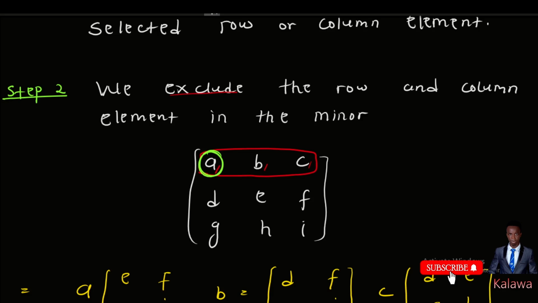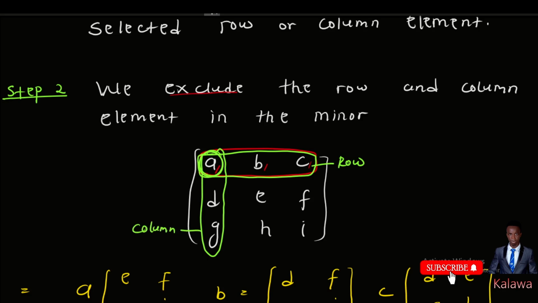So let's say now I have chosen A and I want to find its minor. Let's ask ourselves, in which column is A connected, and in which row? A is connected to this first row, which is A, B, and C. And A is also connected to this column, A, D, and G. So this is the column.